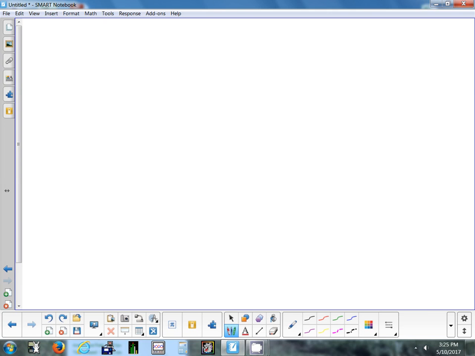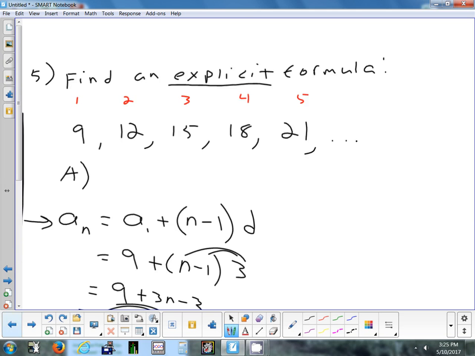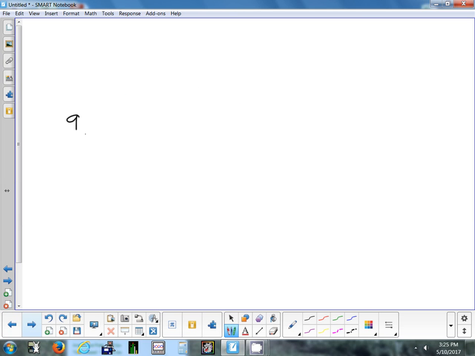All right, let's try this. Let's take a sequence we just had, 9, 12, 15, 18, 21. And the directions are going to be to write this, I'm going to put pluses between it, write this in sigma notation.